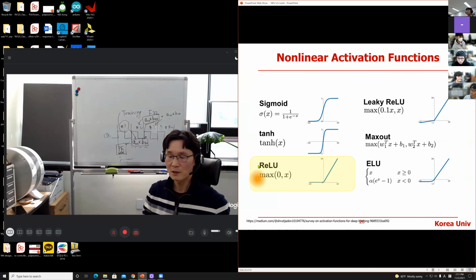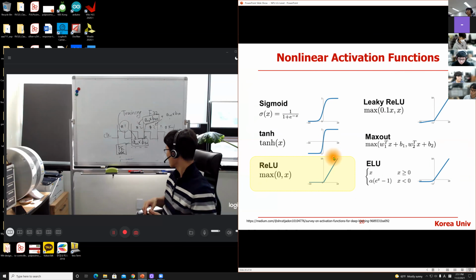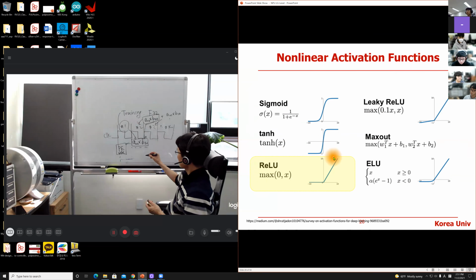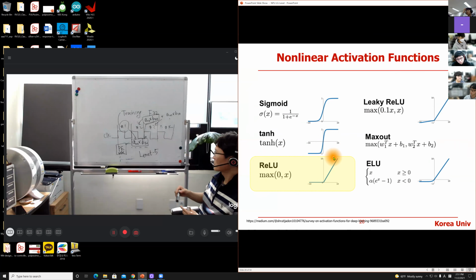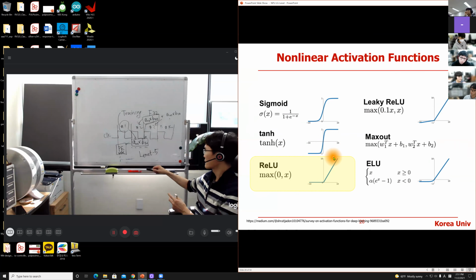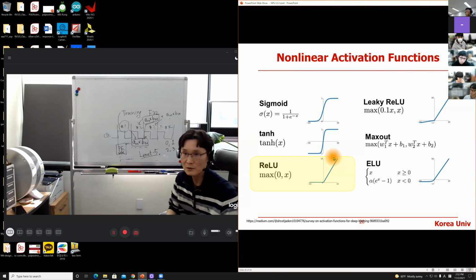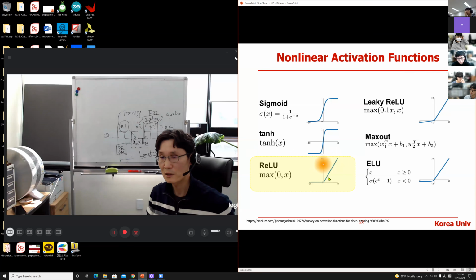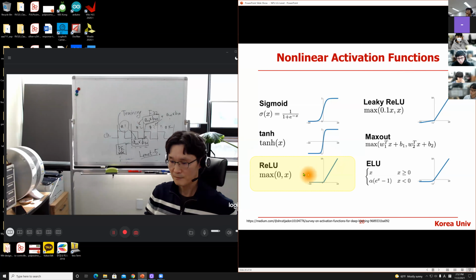In our project, we are going to use LeNet for handwritten digit recognition, right? 0, 1, 2, 3, 4, 5. LeNet is using the ReLU activation function.